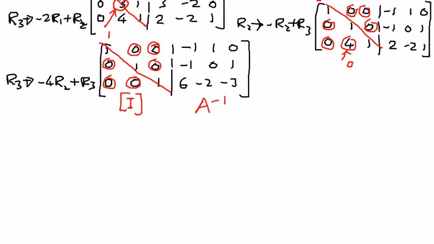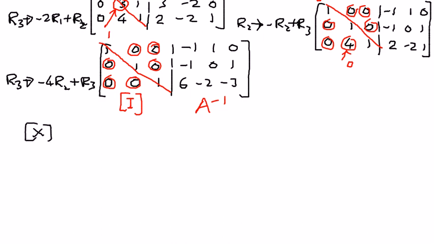This is the inverse matrix, and once we have it, we should be able to find the value of this X matrix. The equation which we started off with is this, isn't it?